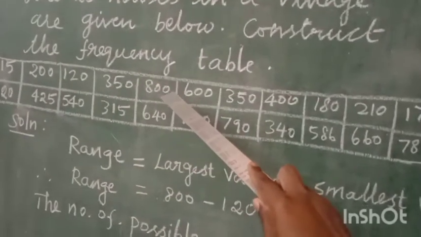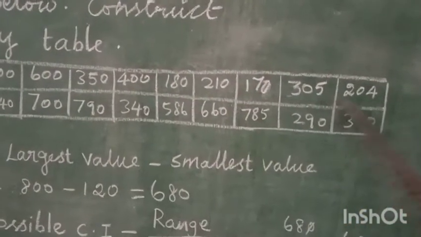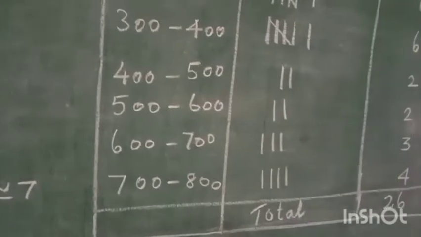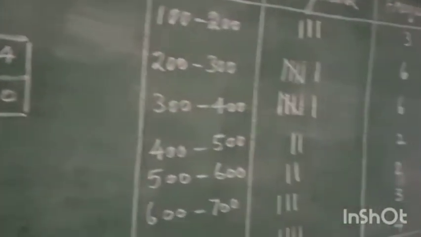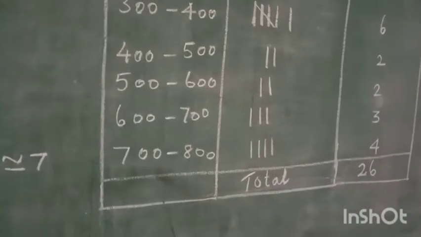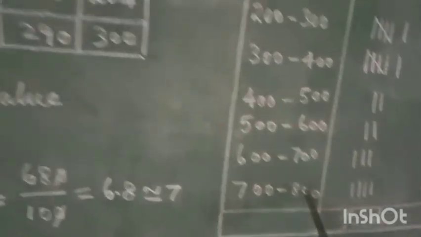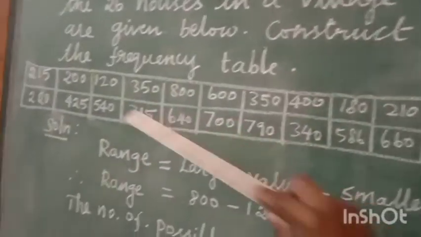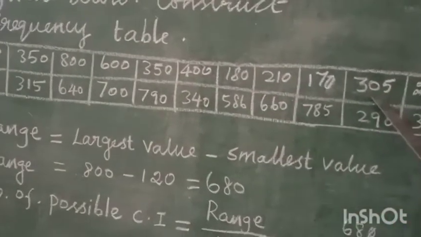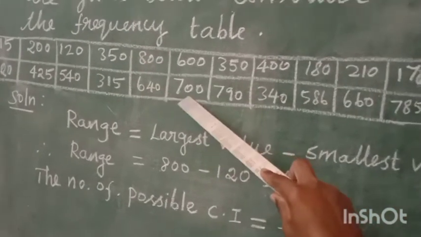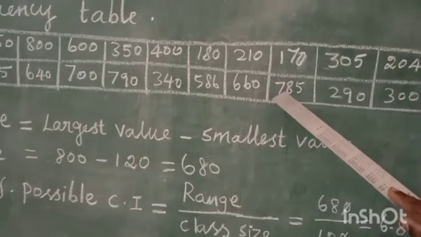Listen students, 700 to 800. It is the last class interval, the final class interval, so you have to take 800 also. 700 and 800 both. Here we have 1, 2, 3.